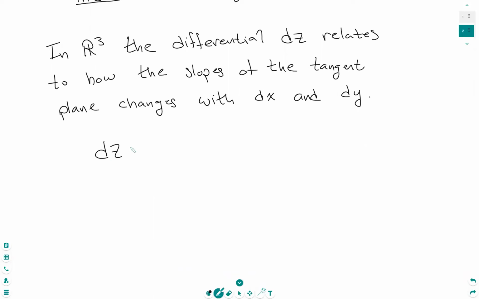So we can say that dz is equal to f partial x at (x, y) dx plus f partial y at (x, y) dy.